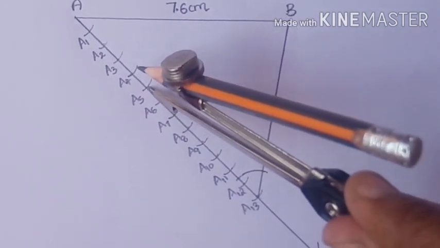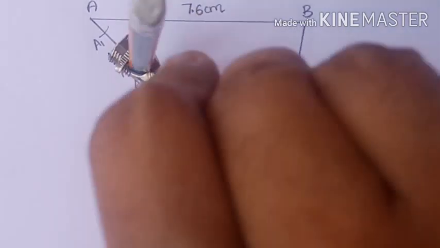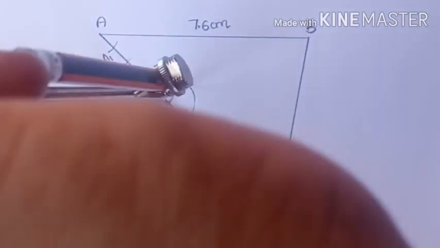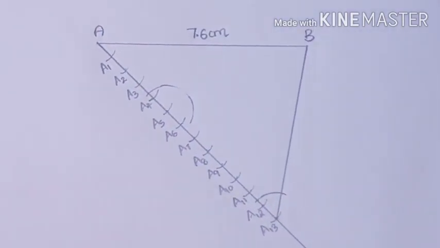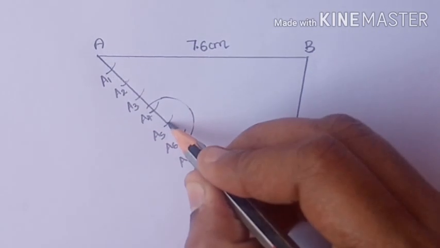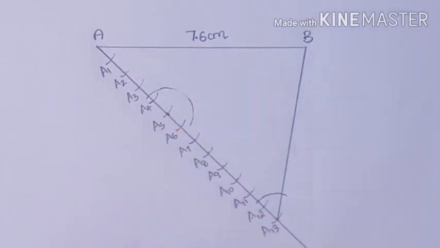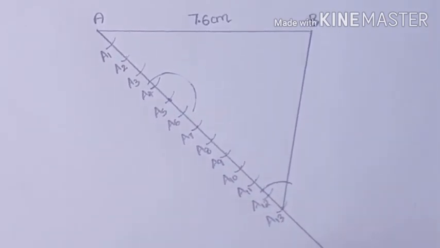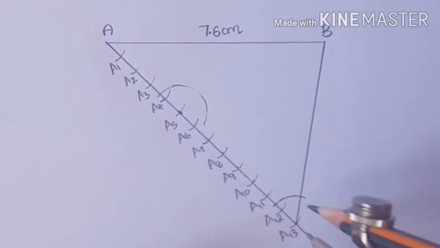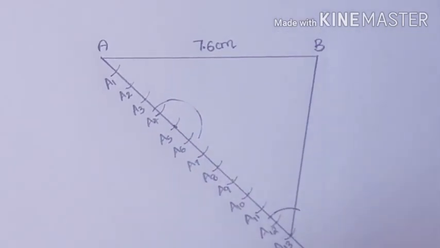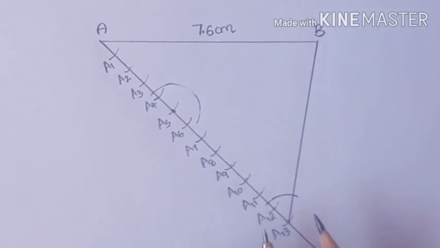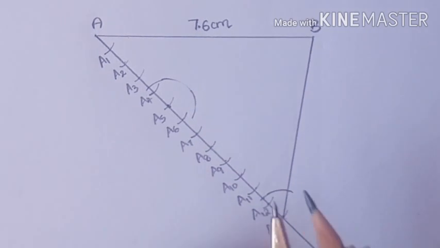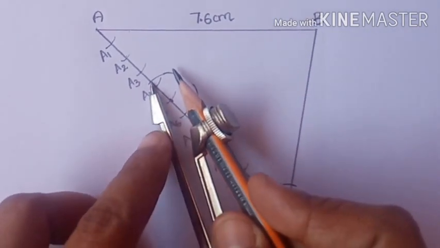And at A5 also, using the same radius, you have to draw the arc. Now, by using the compass, you have to measure the length of the arc which you have drawn. Using that length, cut the arc which you have drawn previously.